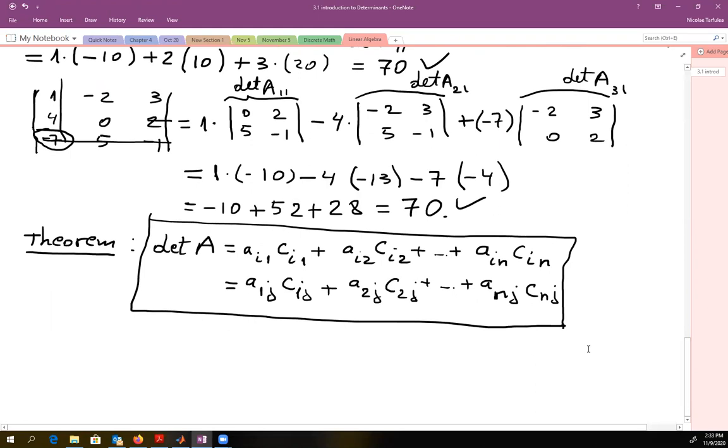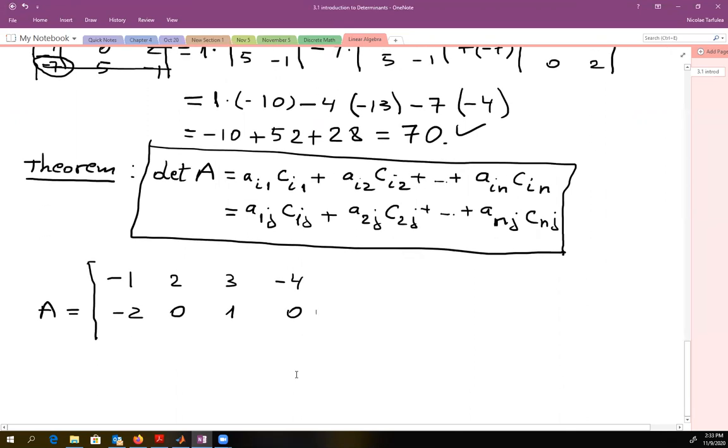So let's consider another matrix. I'm going to consider a larger one. Let's say I'm going to make up this one. So I can say here negative 1, 2, 3, negative 4. Here I can say negative 2, 0, 1, 0, and let's say 3.